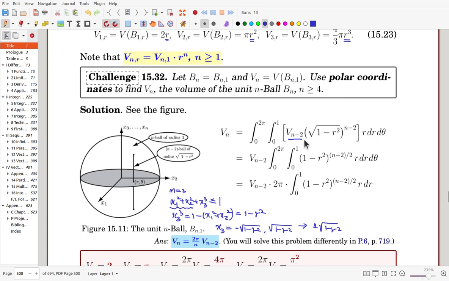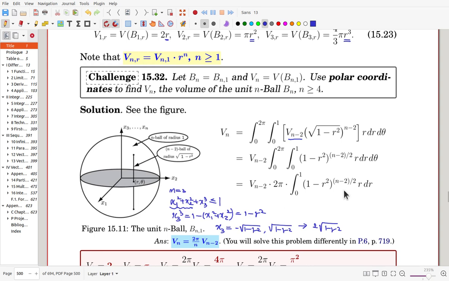Okay. This portion is theta independent, and that is constant. First we put this constant outside, and since there is no theta dependence, from the integration in d theta we get 2 pi, and the remaining part is the r integration.